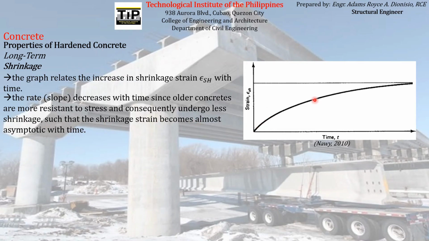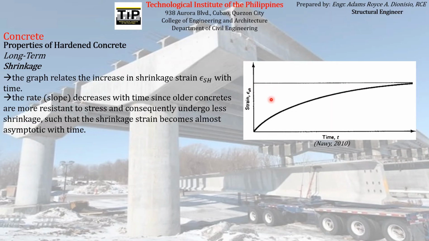You can observe here on the graph that the slope of the curve, in other words the rate of increase of the shrinkage strain with respect to time, decreases as time goes by, reaching a certain limit. It tends to be asymptotic with time when it reaches this limit.